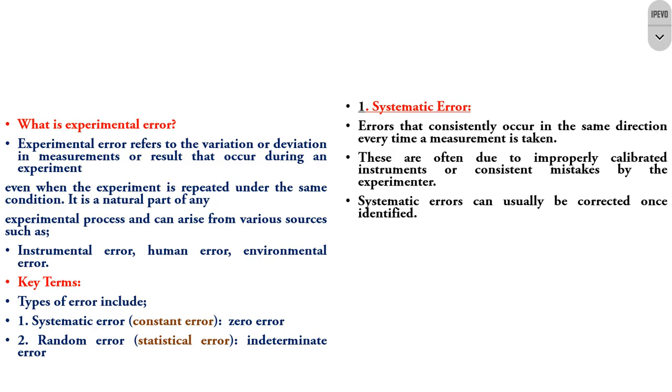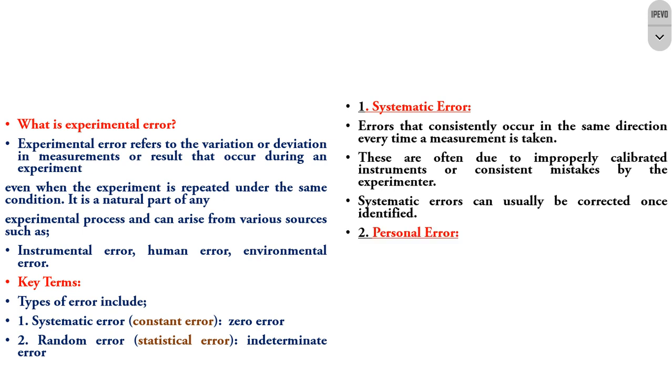Systematic error can usually be corrected once it is identified. So these are the characteristics of a systematic error.